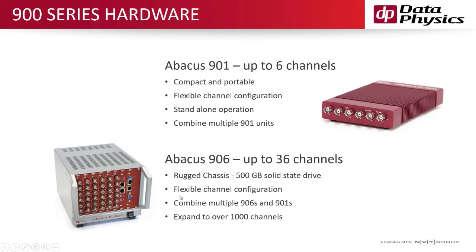So the 906 flexible channel configuration allows you to do that. This would expand the measurement capability depending on your needs. And the 906 comes with a 500 GB solid state drive inbuilt into the system. Again, as with 901, you can combine multiple 906 units to make over thousands of channels, or you can combine 906 and 901 units together as well.